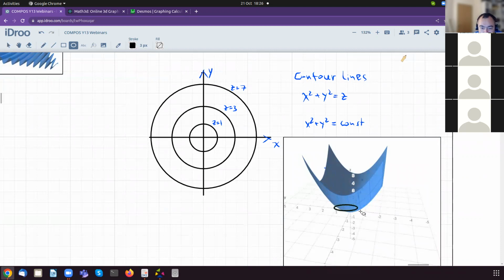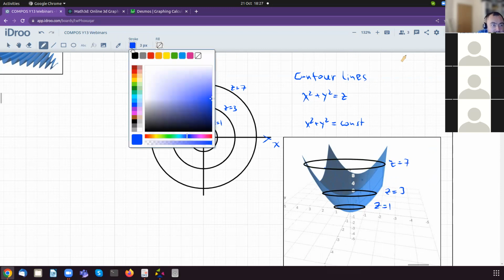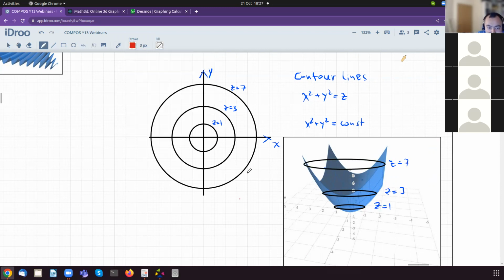So the bottom contour line, the bigger contour line, and the bigger contour line. So Z equals 1, Z equals 3, and Z equals 7. So when they say contour lines, this is what we mean. So this is that contour line, and this is that contour line.